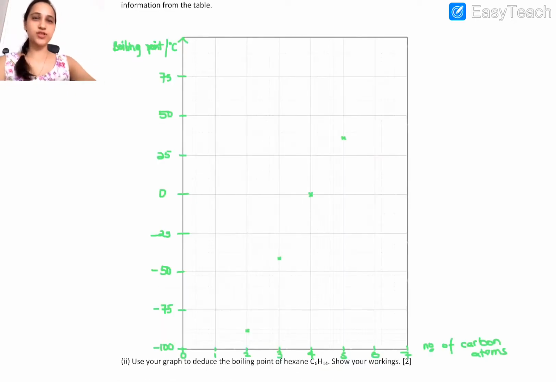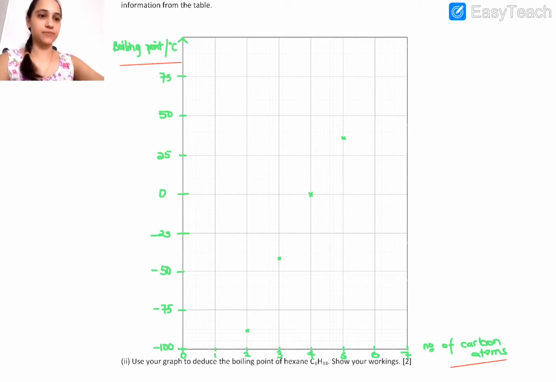So this is what you should get when you plot the graph. Make sure you label the axes properly: number of carbon atoms, boiling point in degrees Celsius. I've chosen this scale because it allows the graph to be big enough.